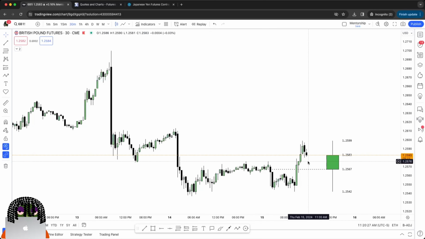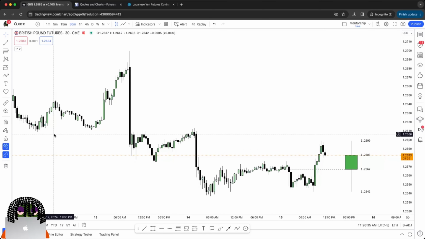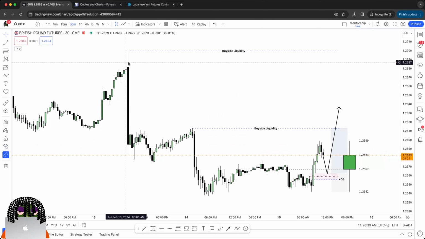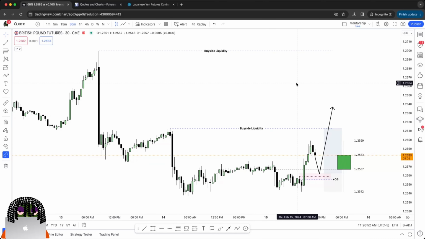Now if it goes and stops right here and just goes and trades up here, then I'll probably just cancel my trade. But for right now, that's my trade bias for GBPUSD. Or if you're trading futures, I'm not trading futures, but I'm looking at the futures contract. It's British pound, which is the same thing as GBPUSD.